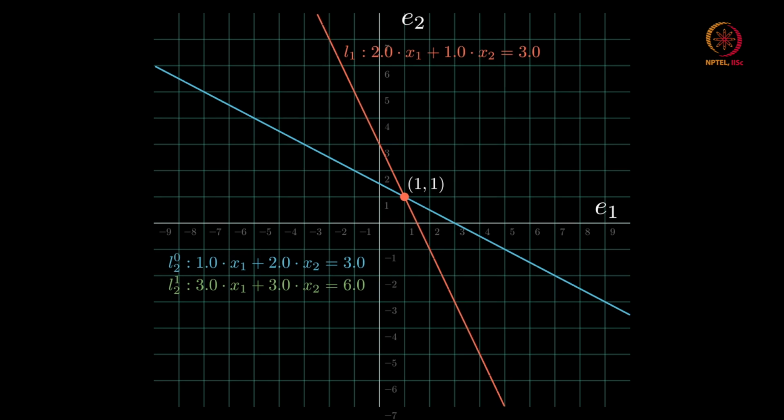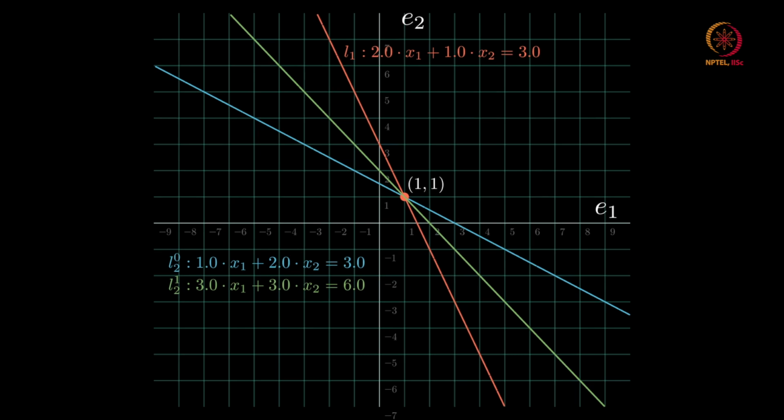So, this line goes like this, and what is interesting is that L2 of 1 intersects L1 at the same point as L2 of 0, 1 comma 1.